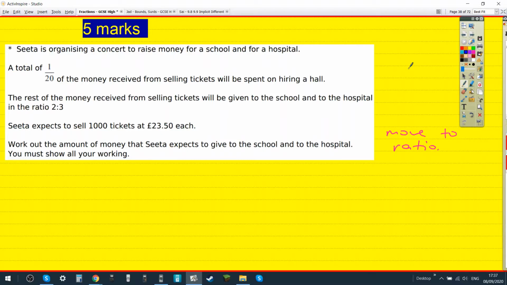Okay. So would you have to times £23.50 by 1,000? Yep.